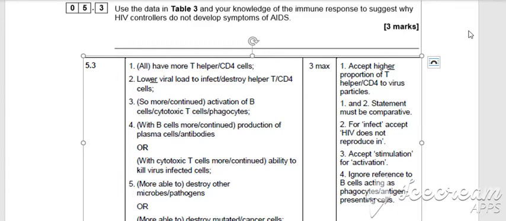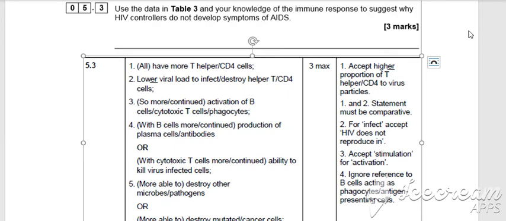Then our knowledge of the immune system starts to be explained. So therefore the B cells will be activated, or the cytotoxic T cells or the phagocytes will be activated. The B cells will produce plasma cells, which will then produce antibodies, or the cytotoxic T cells will have the ability to kill the virus-infected cells.